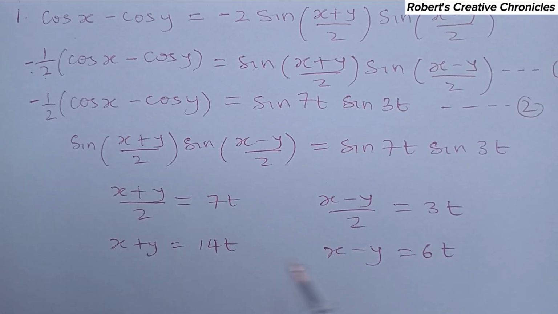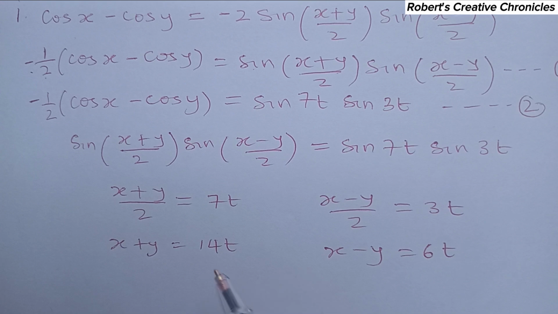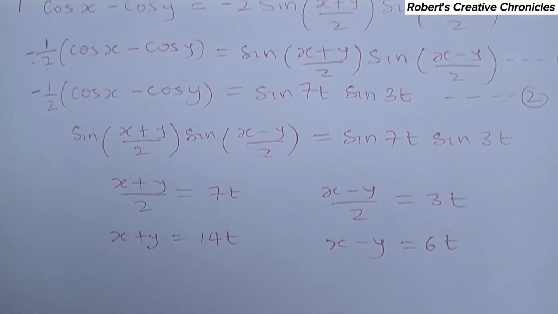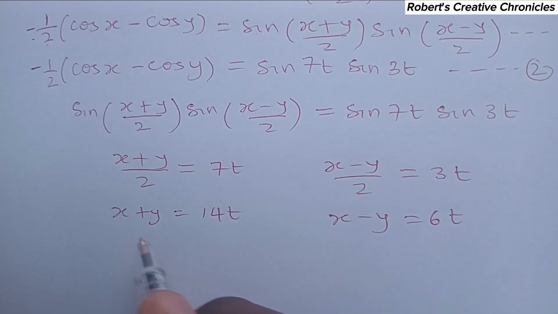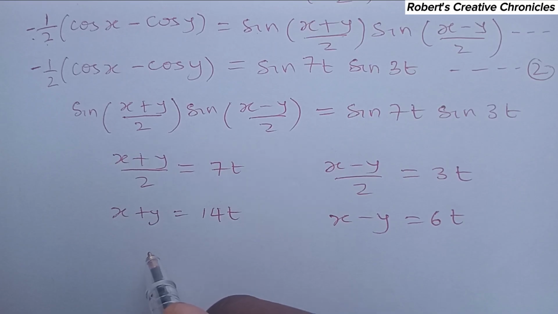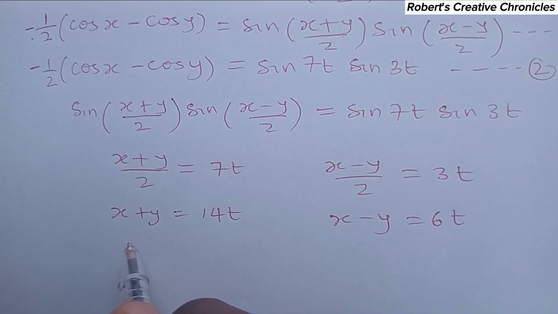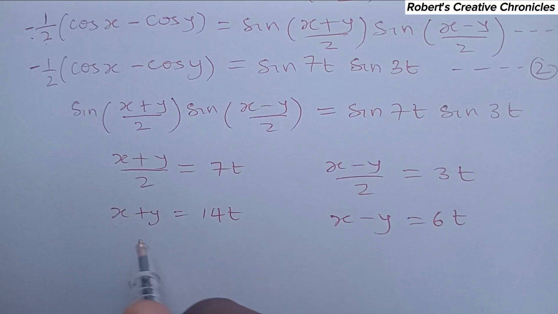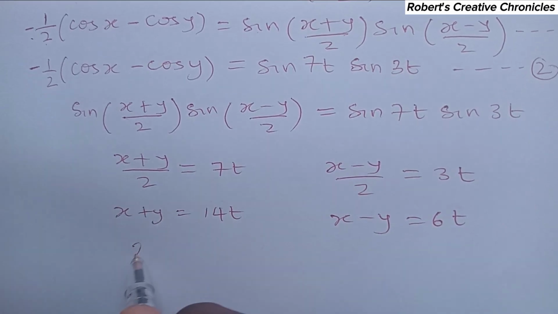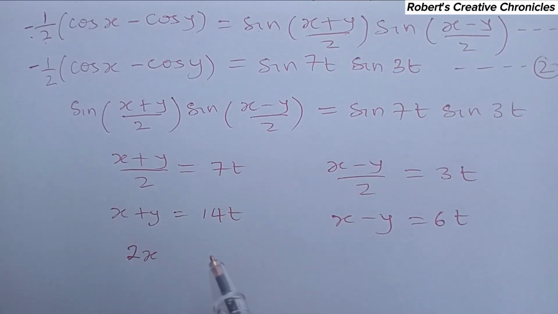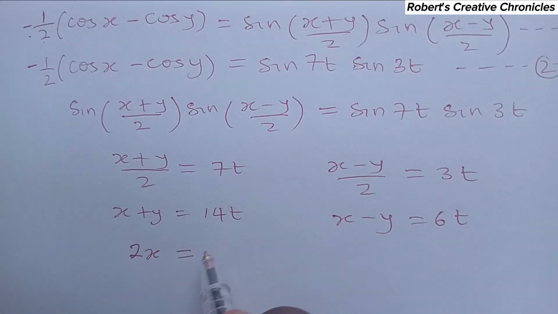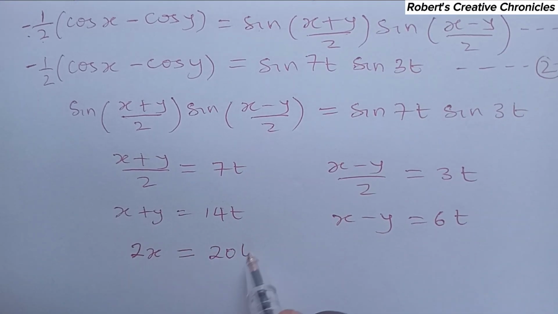So these two simultaneous equations, we can easily solve them using the elimination method. So now let's add them first to eliminate y. If we add these two, this becomes 2x, y and negative y will go. So it's equal to 20t.